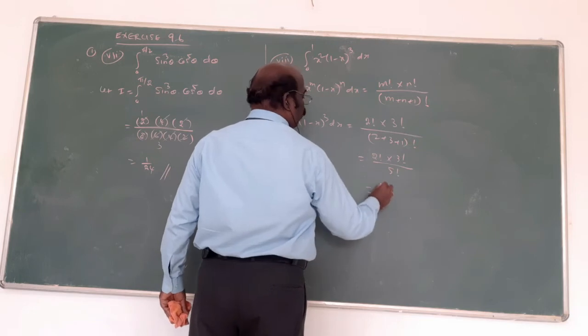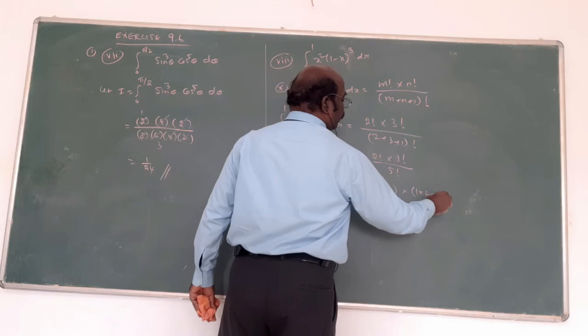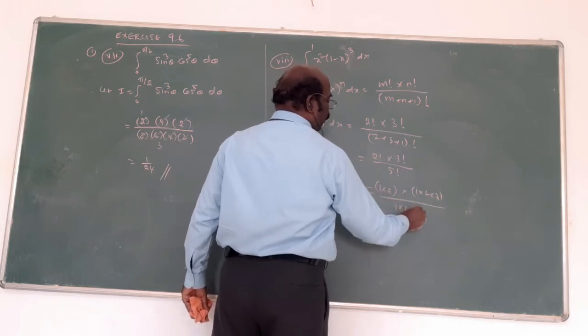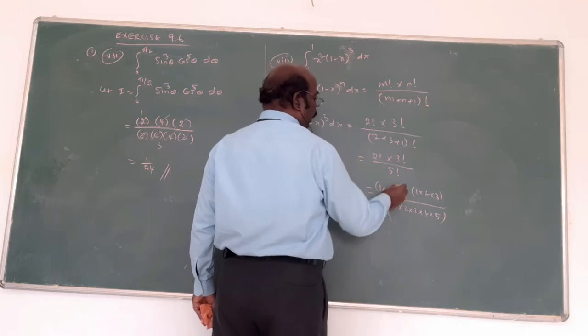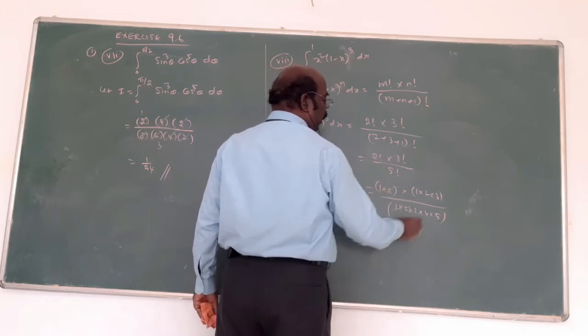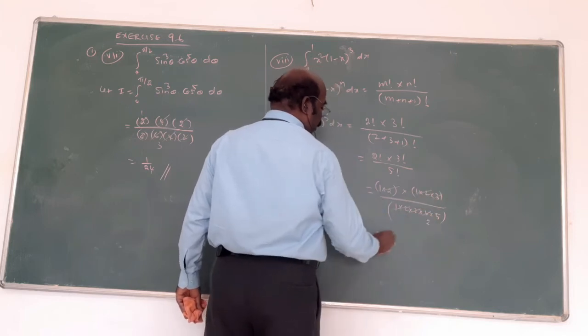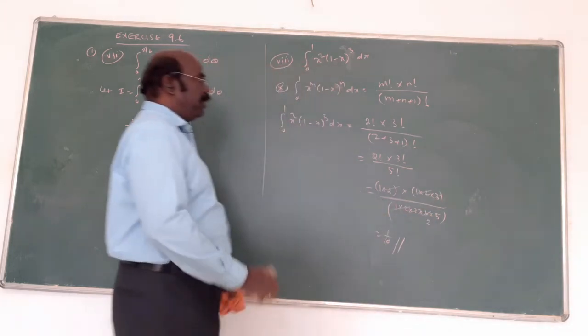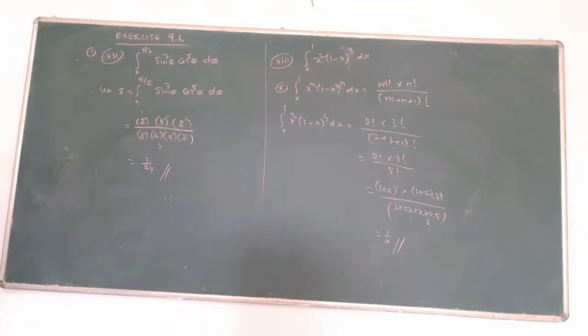Am I right? 2 is 1 into 2, 3 is 1 into 2 into 3, and 6 is 1 into 2 into 3 into 4 into 5 into 6. Then cancel. 1 by 60 is the answer. That's all. Very simple concept, only using the formula we get the answer.